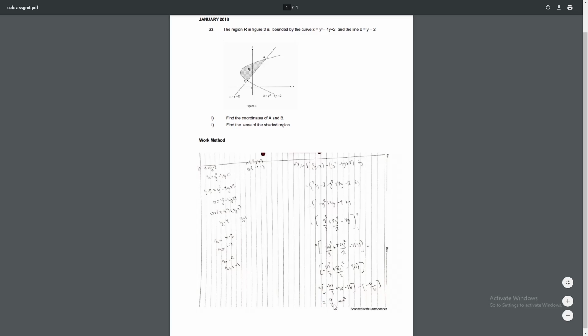There you go, that's the answer. Don't forget the unit square. Why unit? Because the question does not specify which units to use, so we'll just use unit. So that's all for question 33. Thank you.